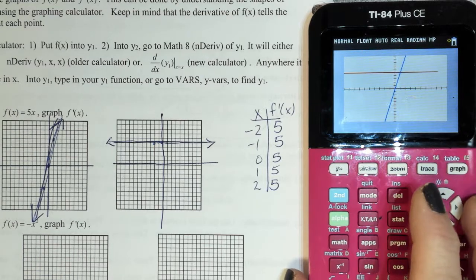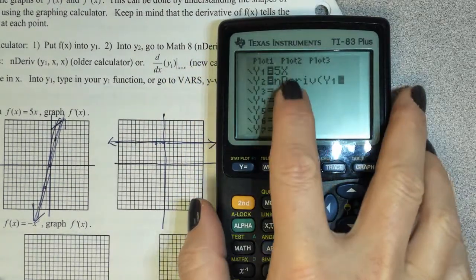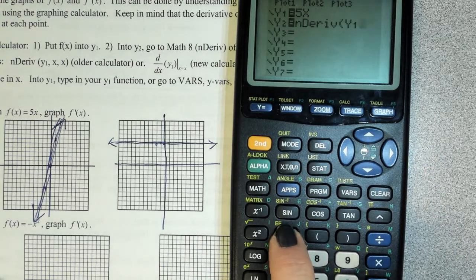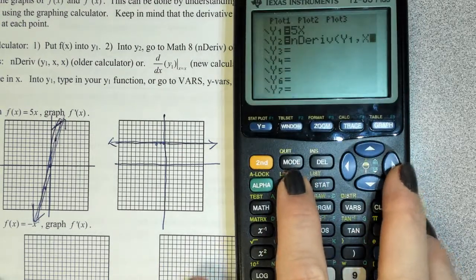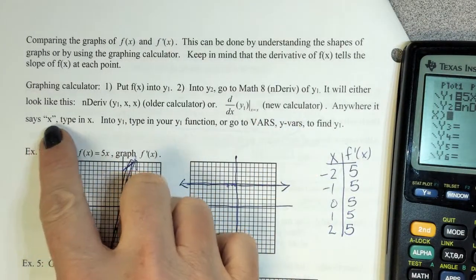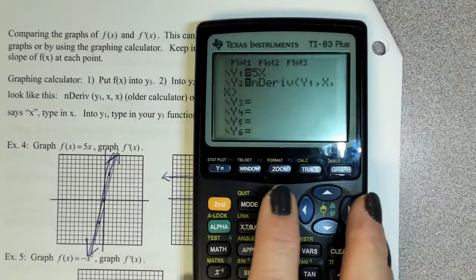So on the older calculators, here's what we have to do. So he has his 5x and he's got the nDeriv in. Then you have to put in a comma and you have to put in an x, comma, x. And that's all written up here in the directions. For the older calculator, it's y sub 1, x, comma, x, comma, x.